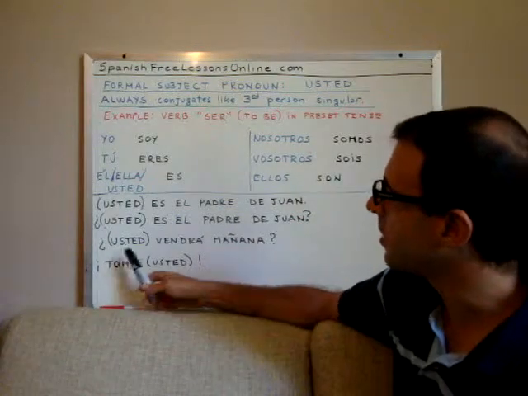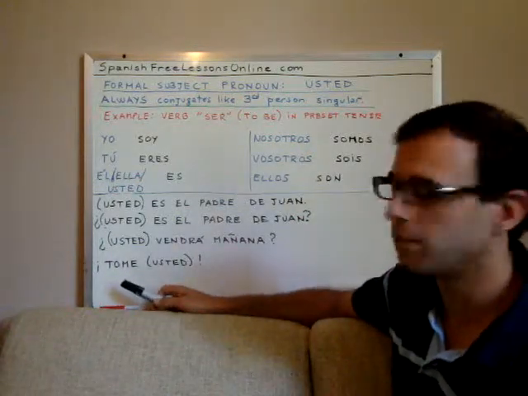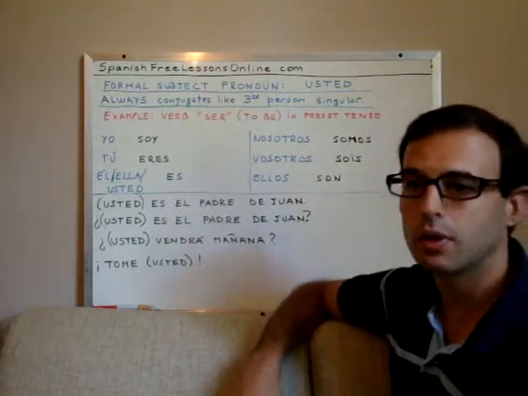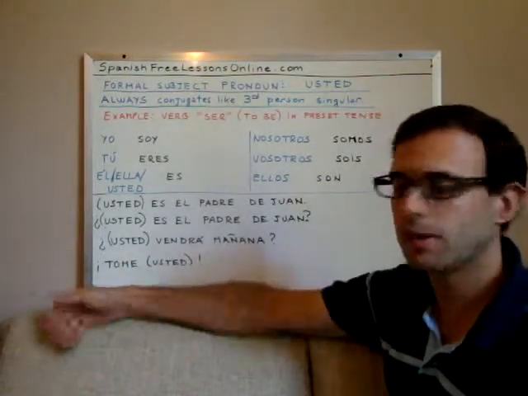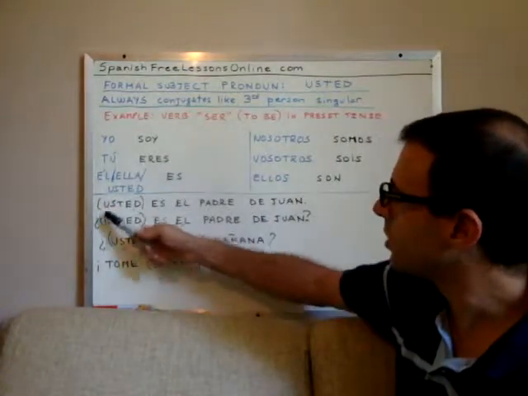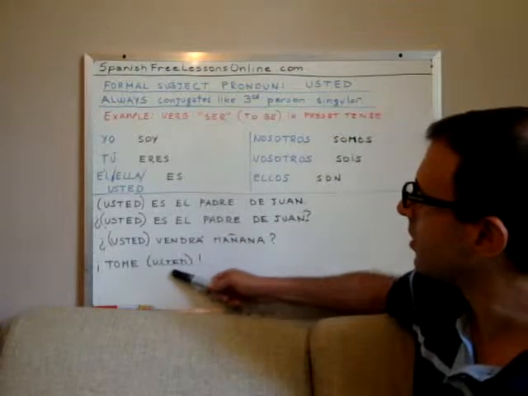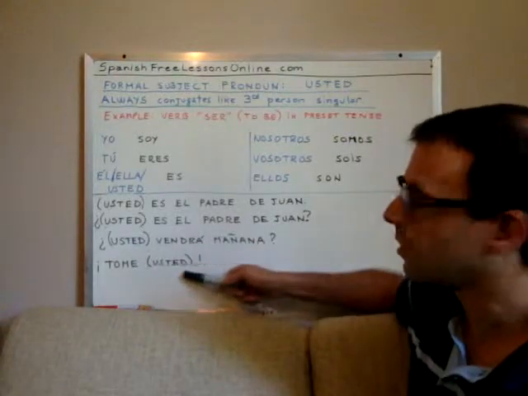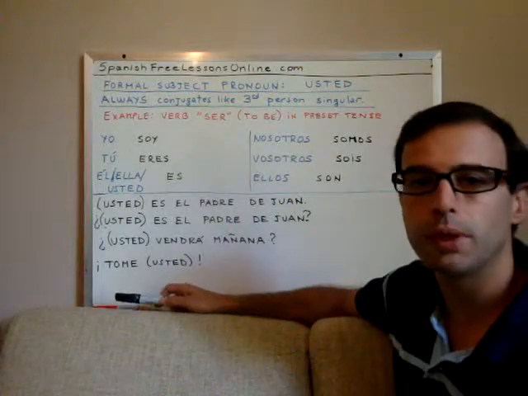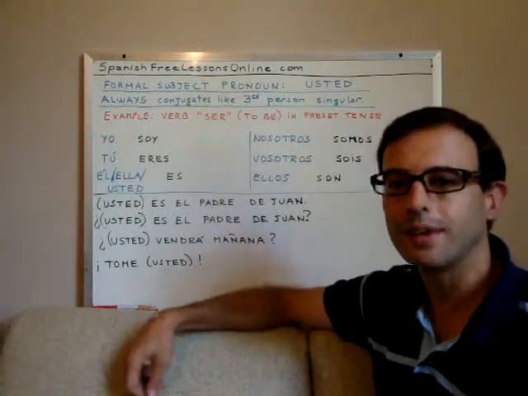Here we have another example with usted with an imperative sentence. Simply, tome usted. Take you, or you take, right? But as usual, we can omit the word usted, and this will just be tome. Tome, take.